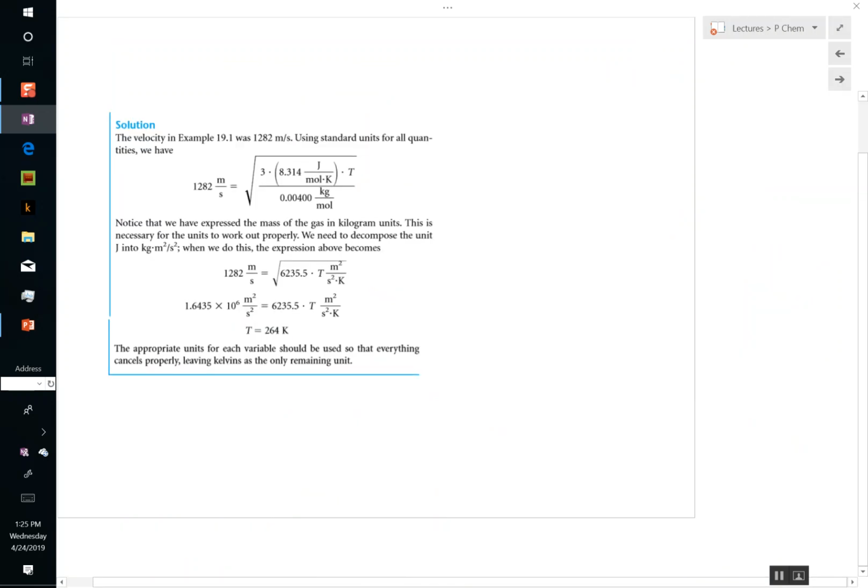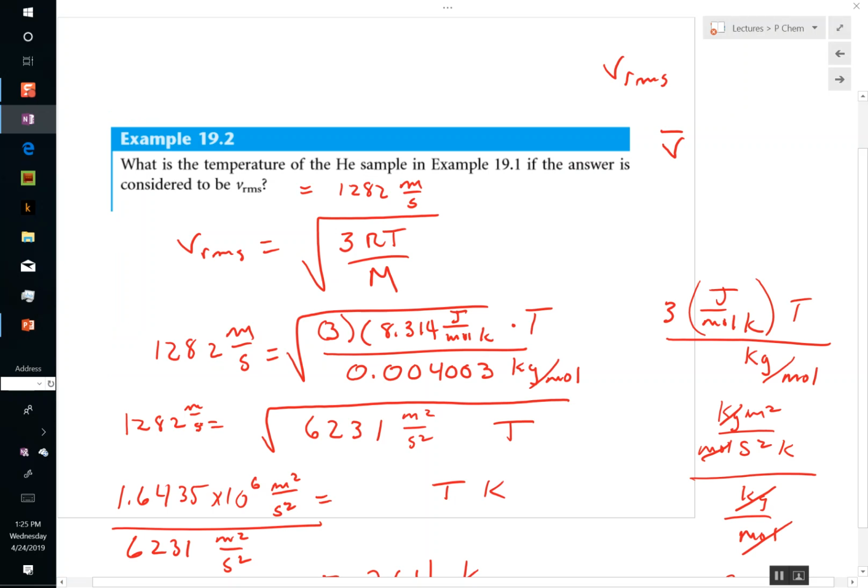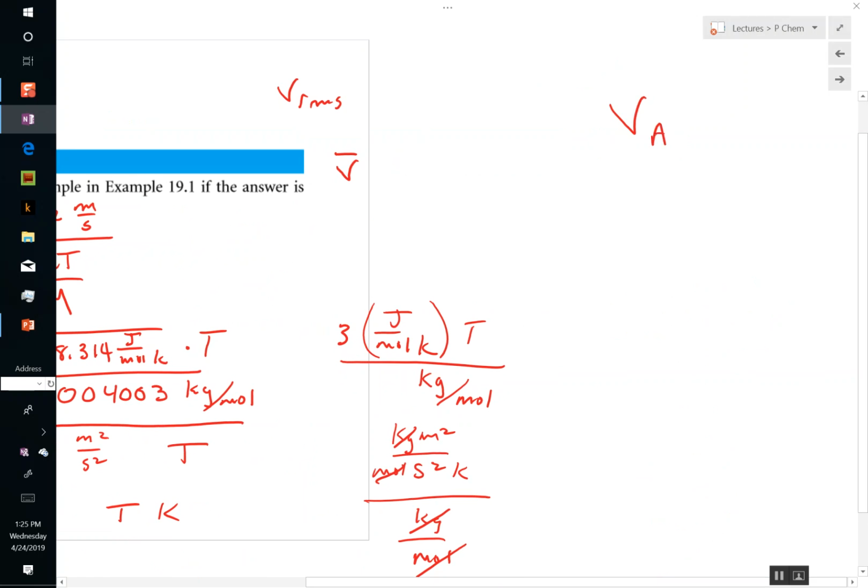All right. VRMS, what exactly is that? The root mean squared velocity. It's kind of like what we got in 19.1, because we had this V average squared. We got down to a V average squared, and we said, okay, now let's take the square root of that and the square root of the other side of the equation, and so that ends up being the root mean squared velocity.